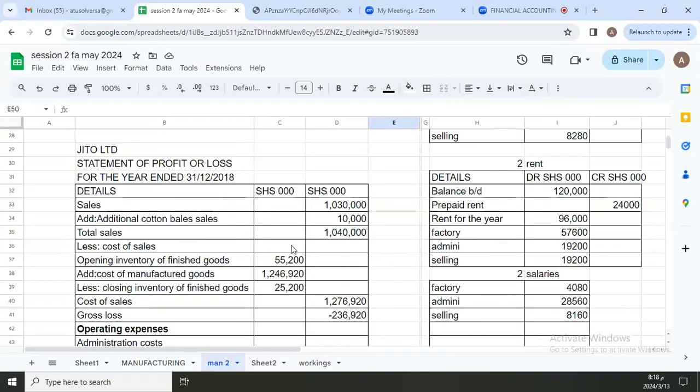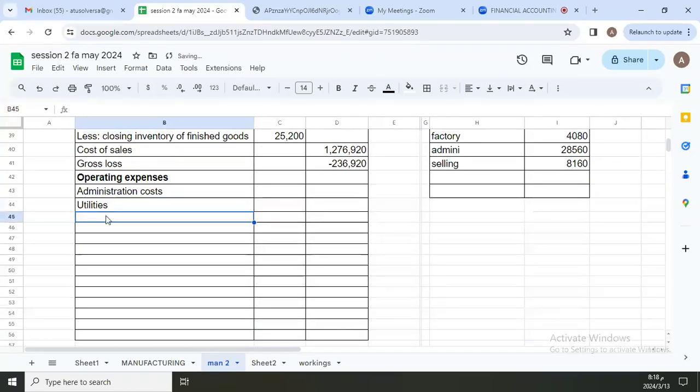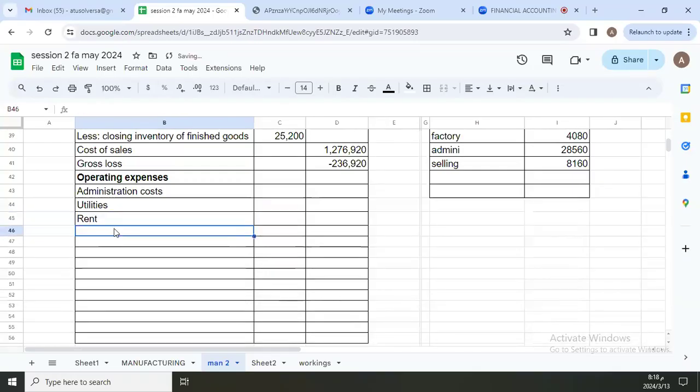you look, we have utilities. So I write here utilities. I have rent. Then I have salaries.